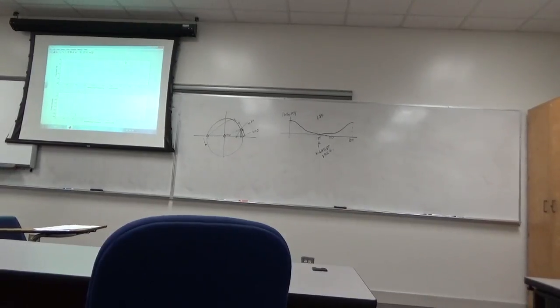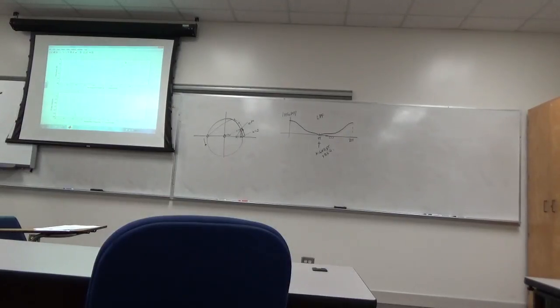It's fairly common, I'm sure you all know this, for us to normalize filters so that their peak gain is 1. What's peak gain up here? Read it. Gain at the top.